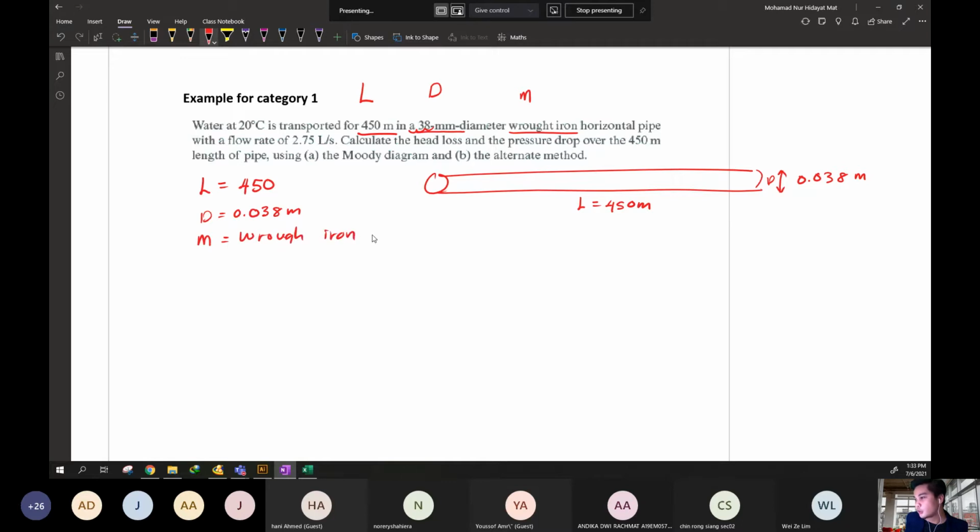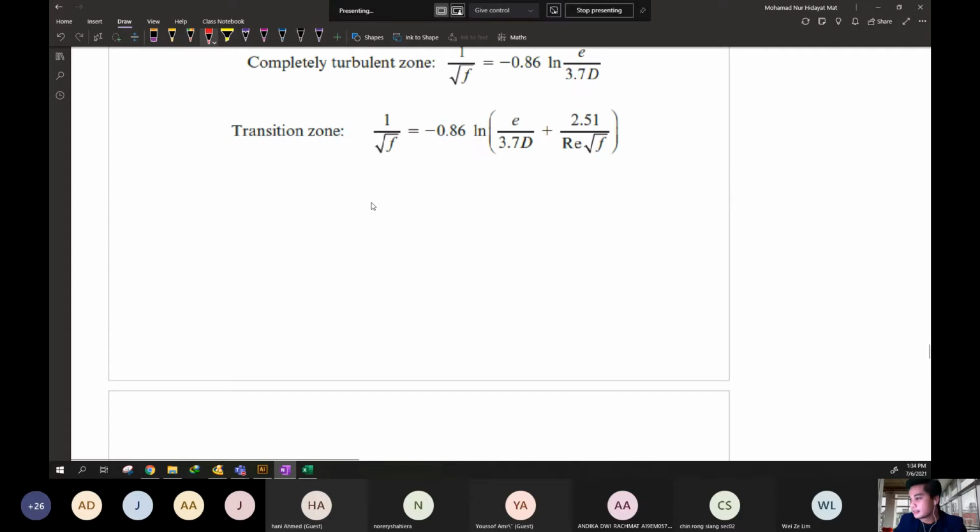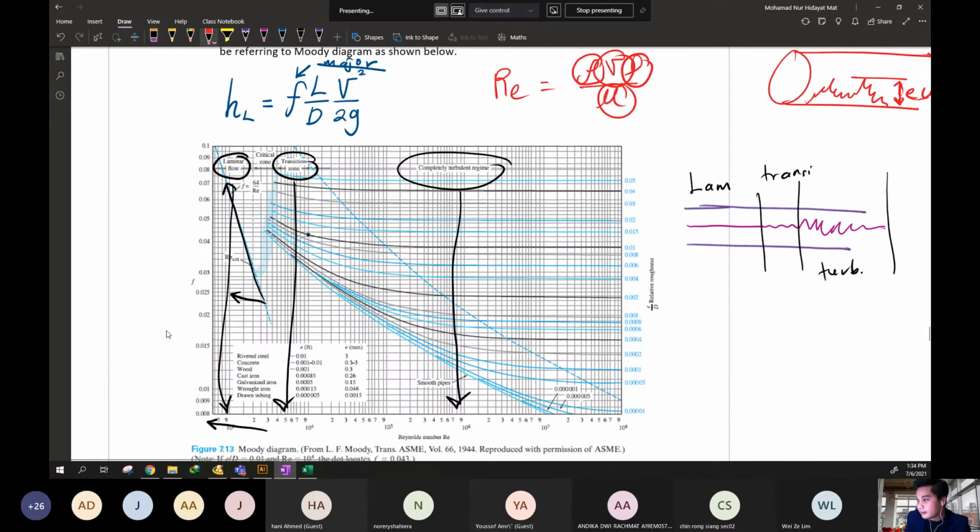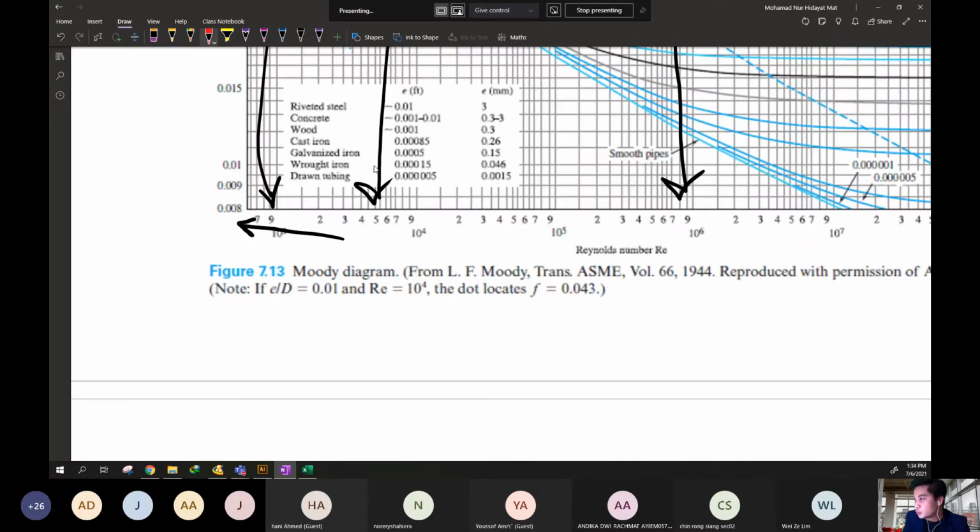And the material is rough iron. So based on this, we can get the E. What is our E? From the table or from the Moody diagram, you can see here. Where is the rough iron? This is the rough iron. Please choose this one. Your unit is millimeter, use the metric unit.